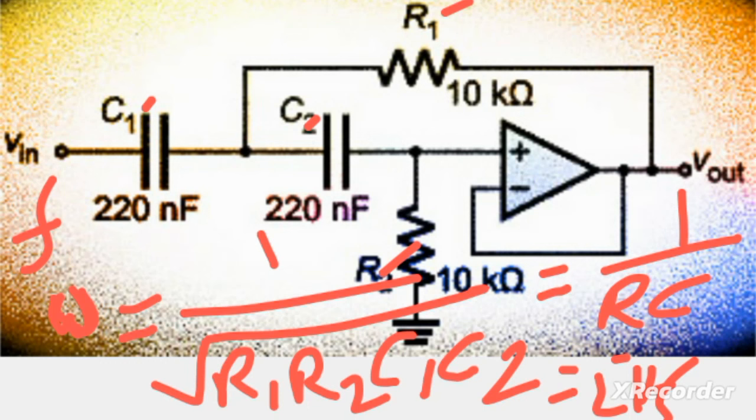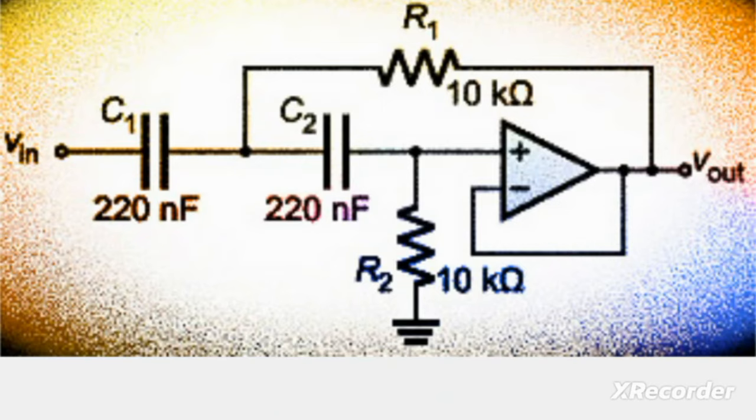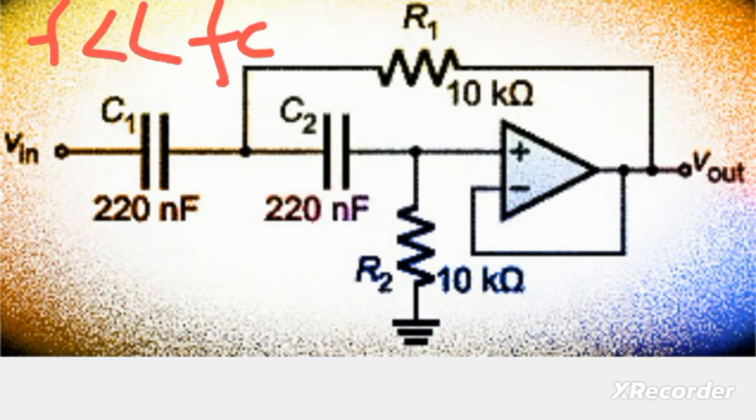So if the input frequency f is very less than fc, or omega c, we want to understand how the circuit will behave. If the frequency is very low, the capacitor impedances are extremely high.